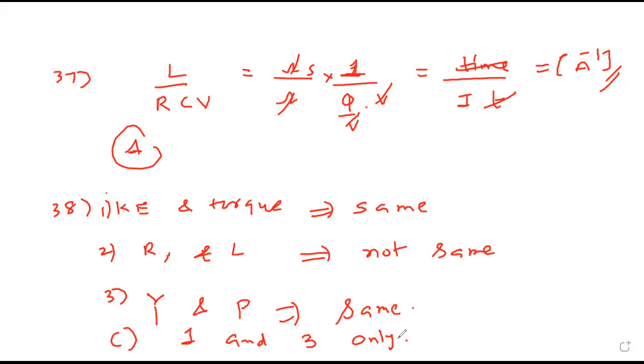Stopwatch. Stopwatch, correct. Here they are telling what the chronometer is used to measure. What is the second given? Mass. Third one? Density. Next one? Distance. So distance is not it, mass is also not.